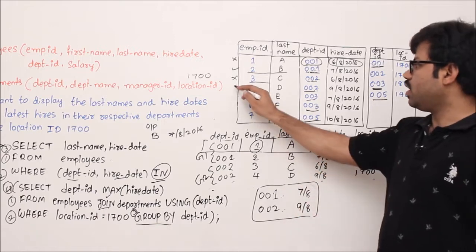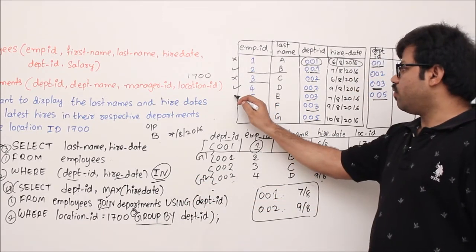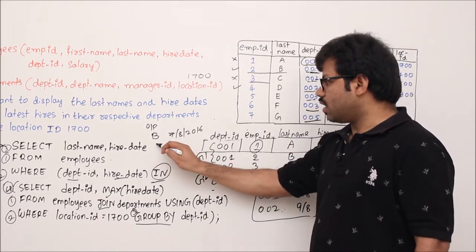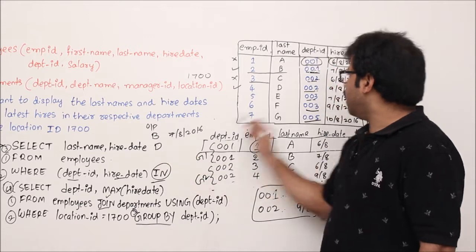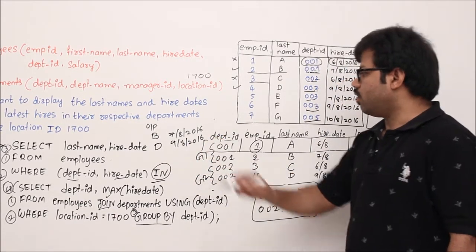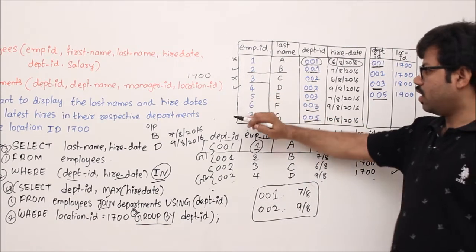So that's why this will be taken, right? You understand how the IN operator works. Then next this one, fifth one. Whenever this is selected, we have to print the output, right? What is that? Last name is D and hire date is 9,8,2016. Now later we will come to 4 and this one, 4D, sorry, 5.